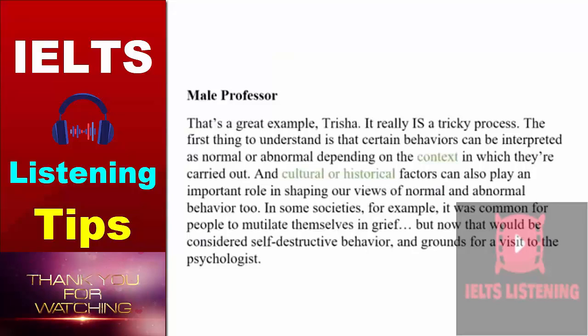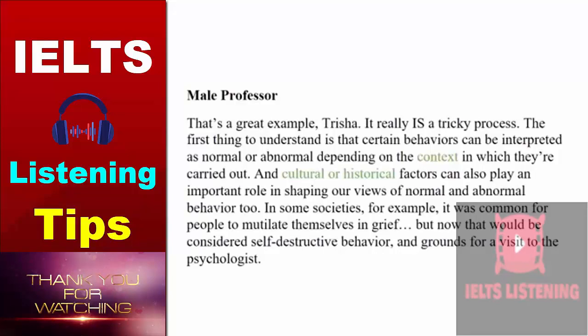Okay, so we got the answers in what the professor said there towards the middle in the sentence that reads this. The first thing to understand is that certain behaviors can be interpreted as normal or abnormal depending on the context in which they're carried out. And then the professor adds this additional information. It came quickly, so hopefully you're able to catch both answers, even though he said them very fast and close together.